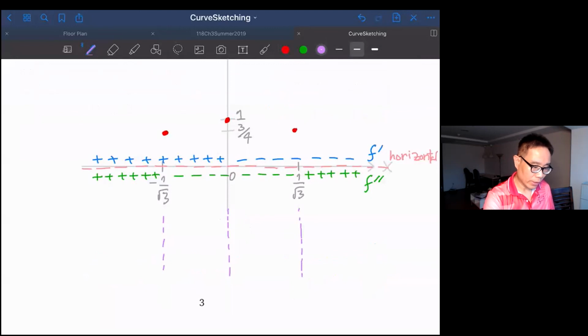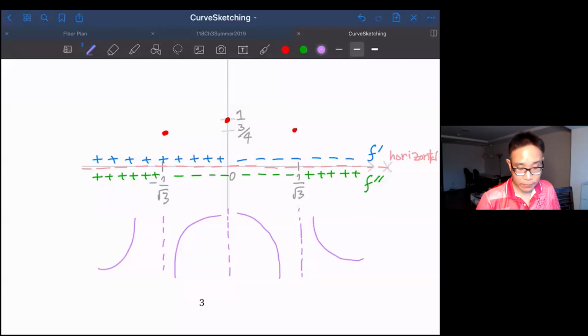So in this case, you get this picture. Increasing, concave down is going to be this picture, and this one will be decreasing, concave down, and for this guy, decreasing, concave up. So this one will be this picture.